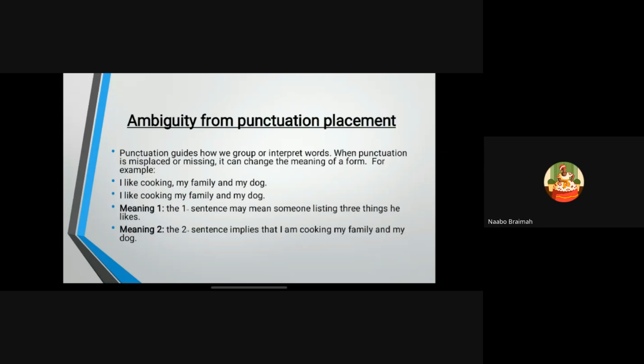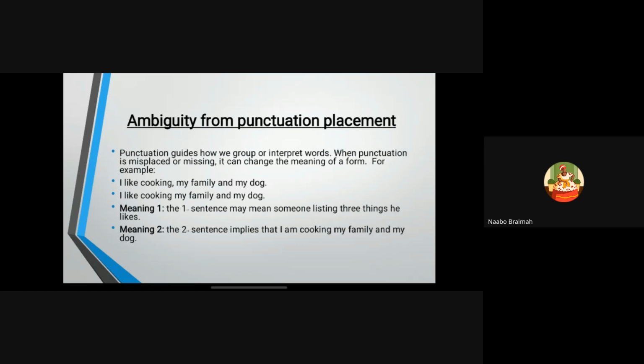So ambiguity from punctuation placement. Punctuation guides how we group or interpret words. When punctuation is misplaced or missing, it can change the meaning of a form. Let's look at examples below. Example 1. I like cooking, my family, and my dog. Then we have, I like cooking my family and my dog.